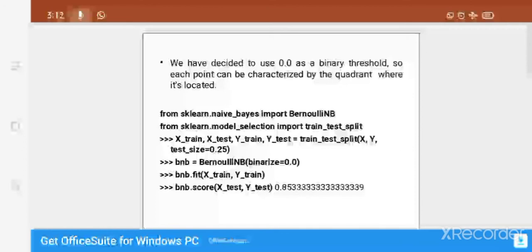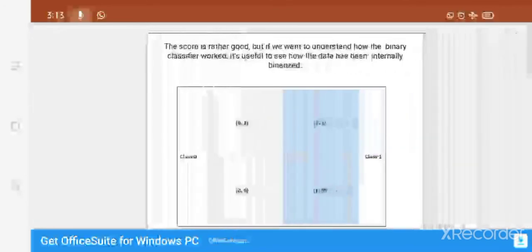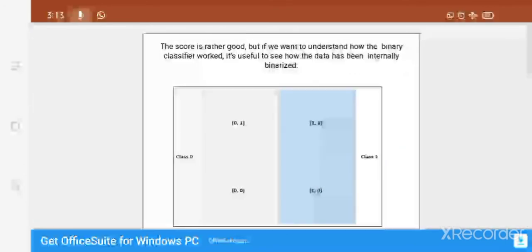So BNB equals Bernoulli Naive Bayes, where we consider the threshold 0.0 as binarize. We fit the classifier on X_train and Y_train, and we calculate the score using X_test and Y_test. So what will be the score? 0.85. The score is rather good.